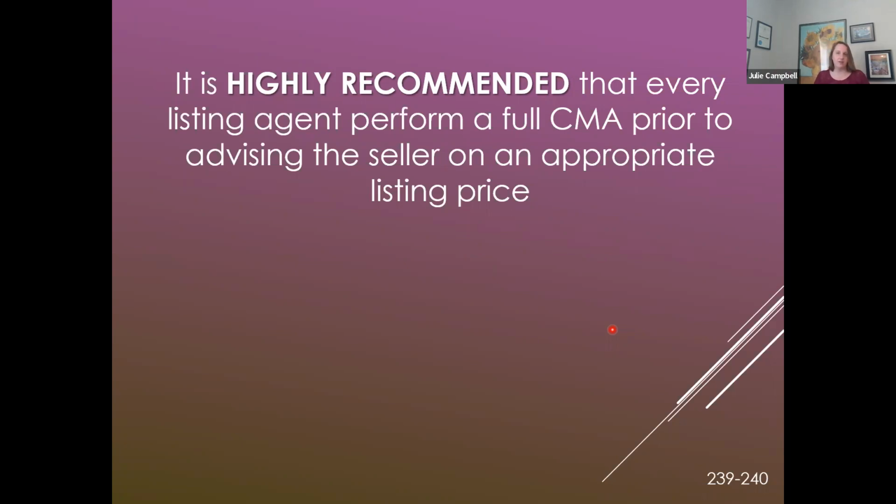How are you getting that information? The commission recommends that we do a CMA, but again, if you have another method for helping them determine an appropriate listing price, there's no rule that says that's what you have to do.